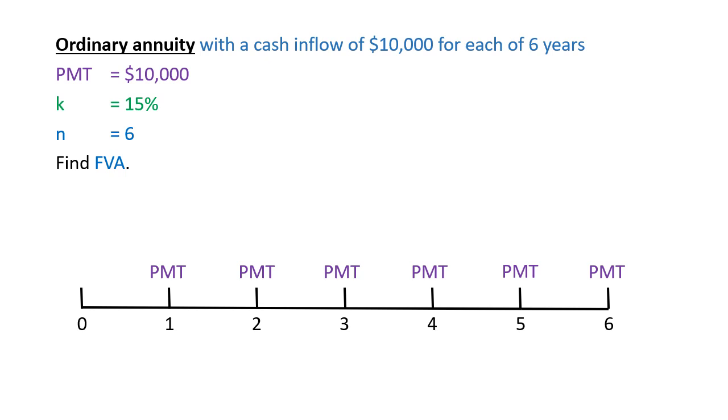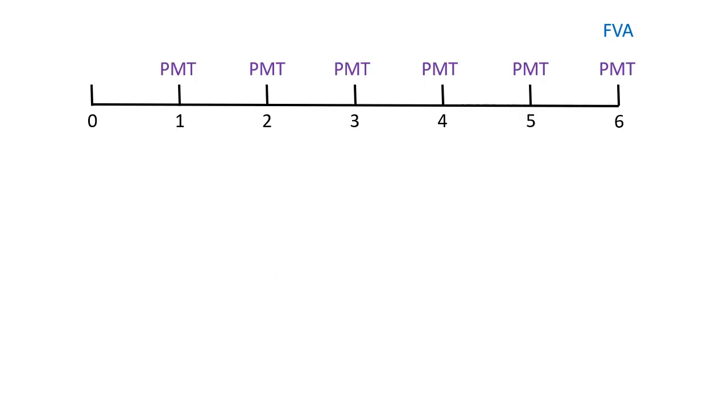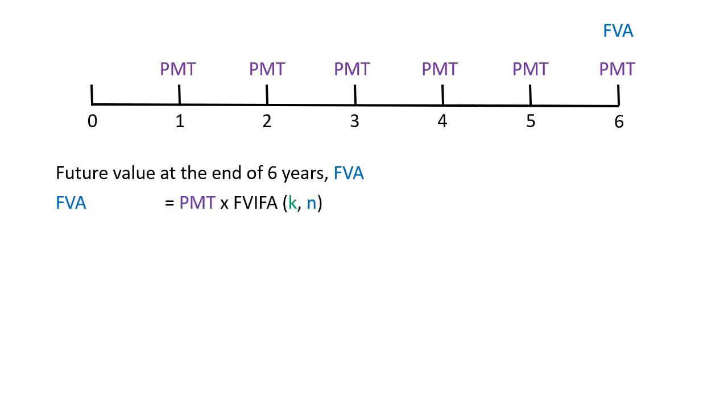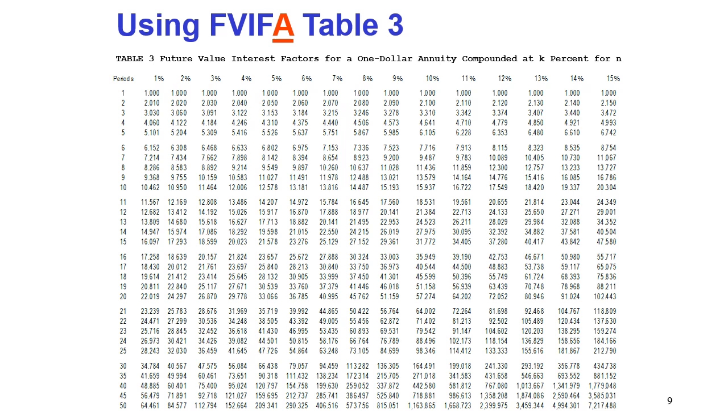Find FVA, the future value at the end of 6 years. Use this formula. Substitute the figures in. Refer to the table. Make sure you get the correct table.